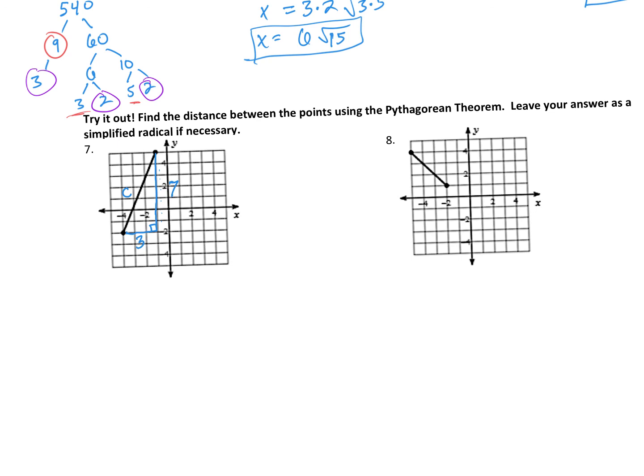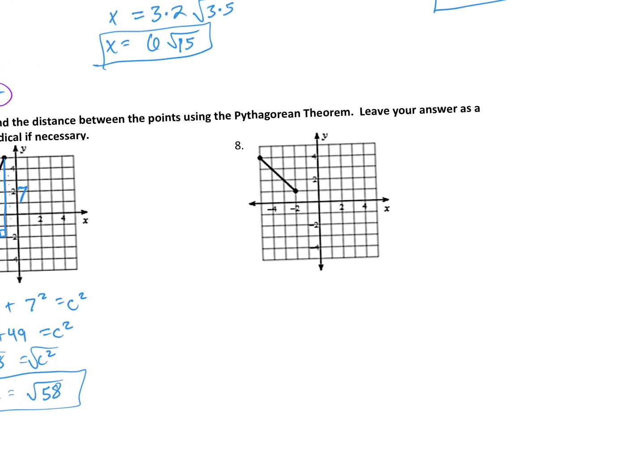This is 7. So then 3 squared plus 7 squared must equal C squared. That is 9 plus 49 equals C squared. That's 58 equals C squared. 58 doesn't have a perfect square in it, so C equals the square root of 58.